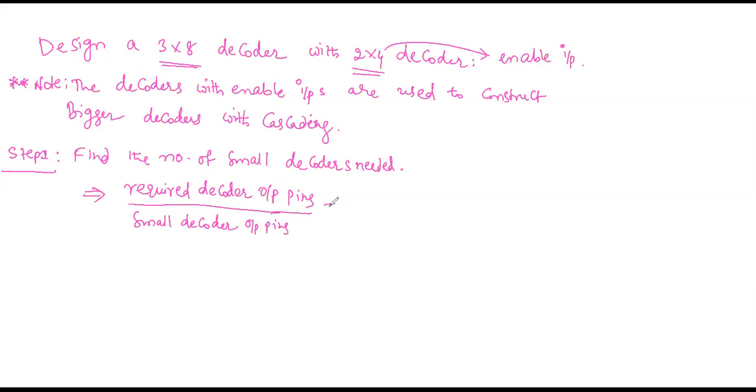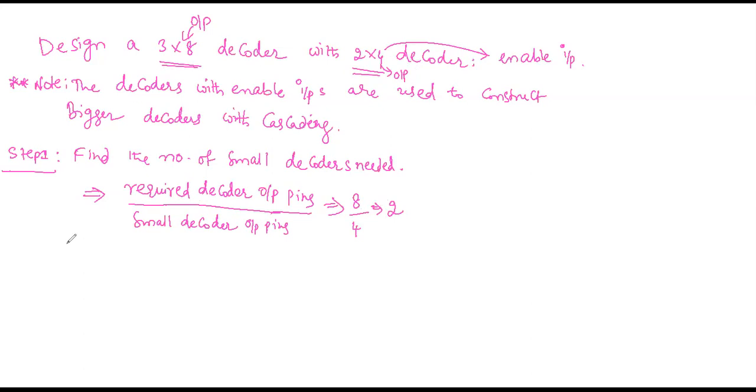Here we need to design 3 by 8 decoder. What is the output? 8 is the output. Here 2 by 4 decoder, what is the output? 4 is the output. Number of output pins are 8, number of output pins are 4 here. So you need two 2 by 4 decoders.